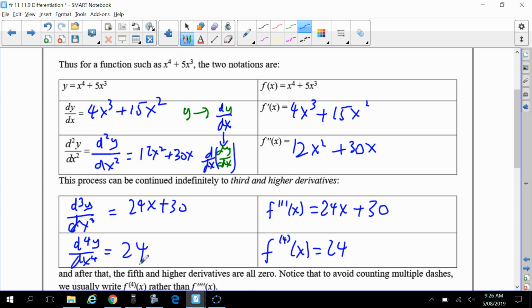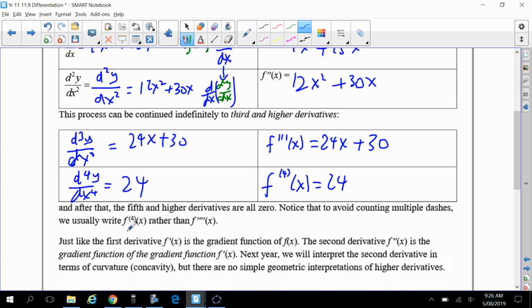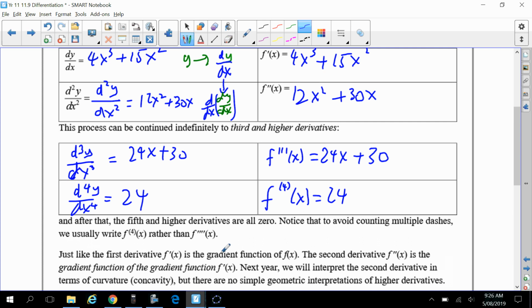And it's consistent. When we don't see dash notation, you start to think, oh my god, I need to start using numbers. But that is consistent. All right, so just like the first derivative is the gradient function of f(x), the second derivative is the gradient function of the gradient function. What does that mean? Next, you will interpret the second derivative in terms of concavity.